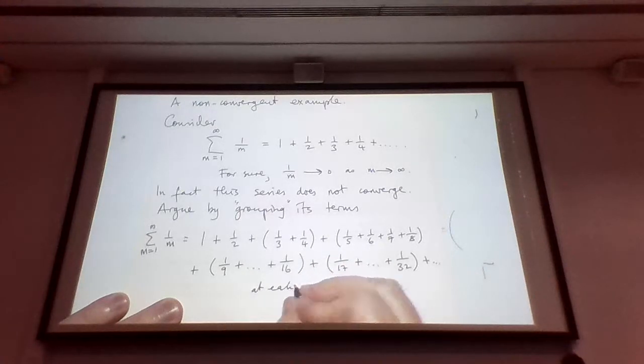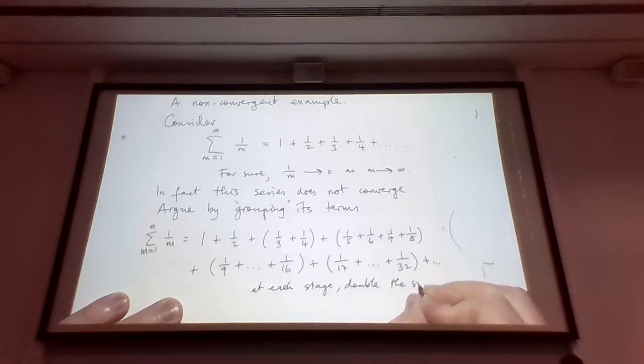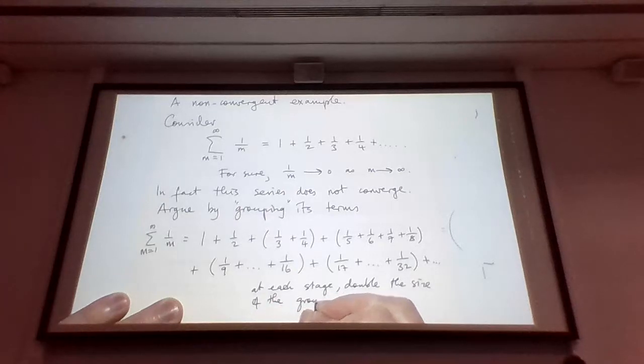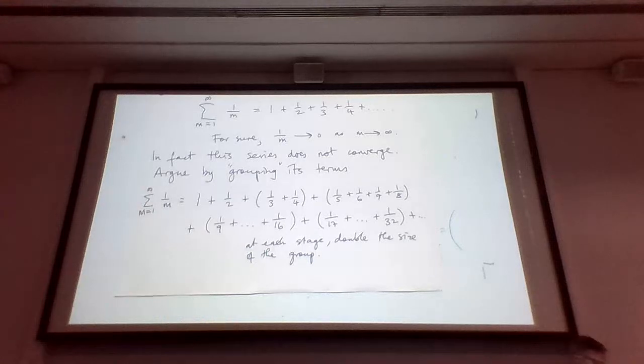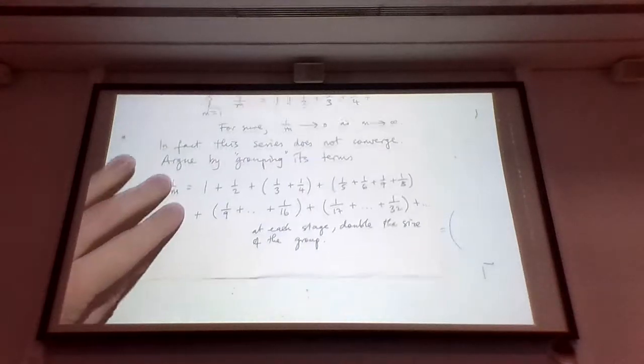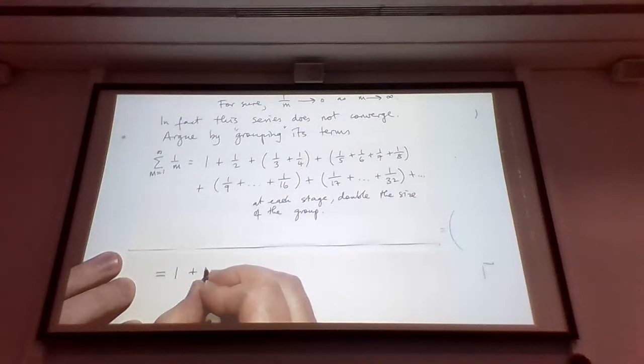At each stage, double the size of the group. We haven't changed the series, it's still the same series of terms, but we're just parceling together the elements in a certain way.